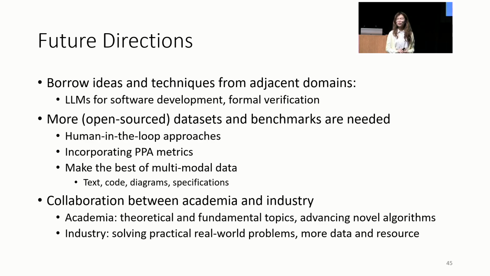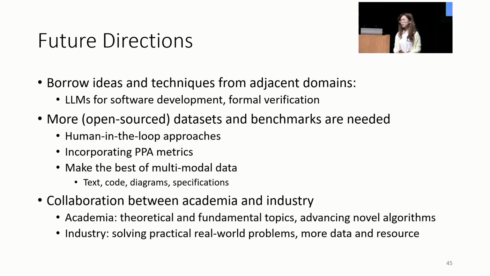And the last thing I want to mention is the collaboration between academia and industry. From my own perspective, in academia, we actually work more on the theoretical parts and more foundational topics, and we are seeking more novel algorithms or some novel or prospective applications.